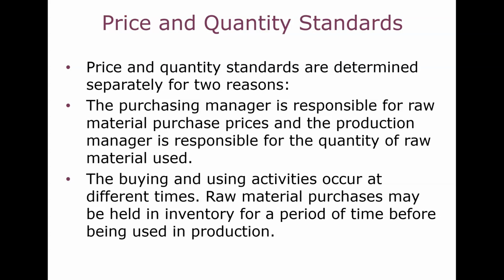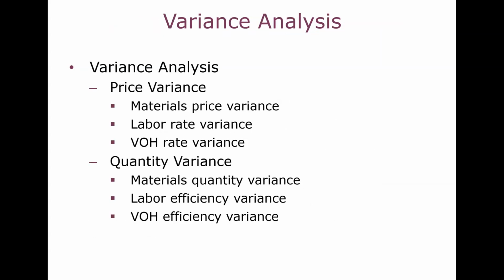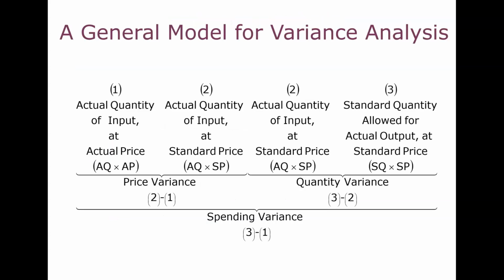And the price of the material is going to be the purchasing manager, but how much we use is the production manager. So depending on what is the cause of the variance says which department you're going to go to for further investigation.